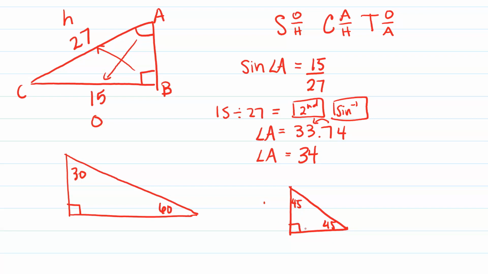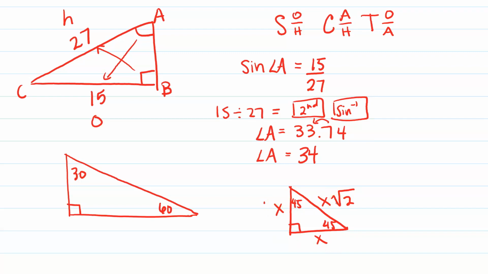If you have a 45, 45, 90 degree triangle, these sides would be the same. This side is always the leg times the square root of 2. That's what it's always going to be. So if you know the leg, the leg times the square root of 2 gives you the hypotenuse.